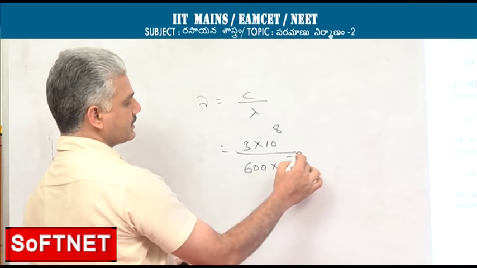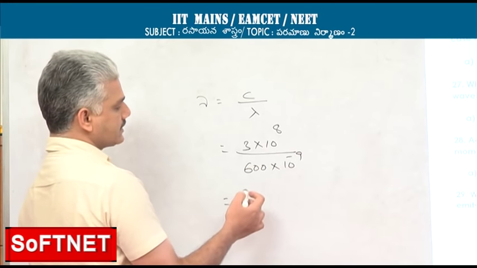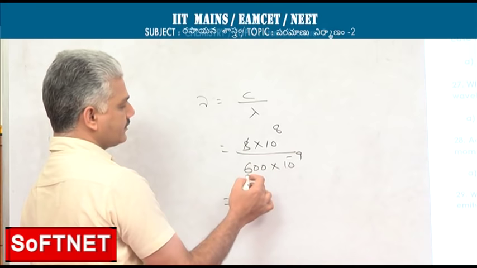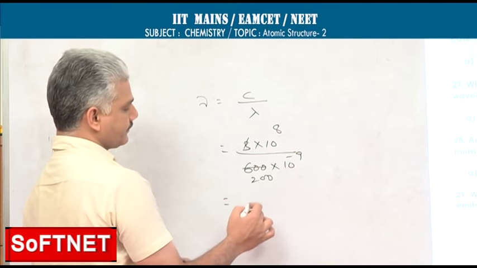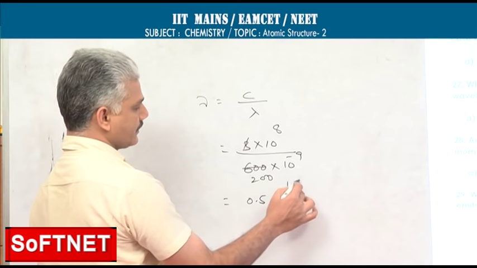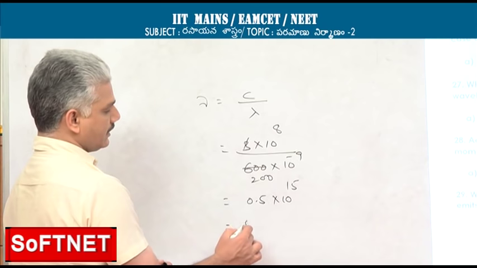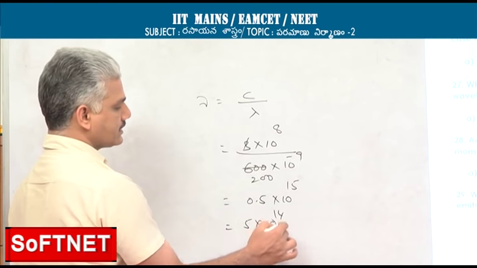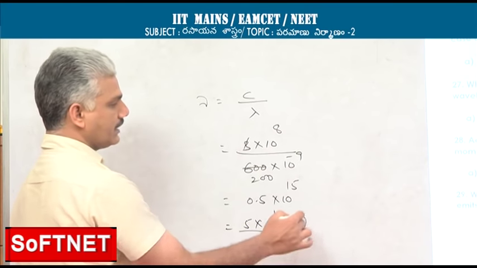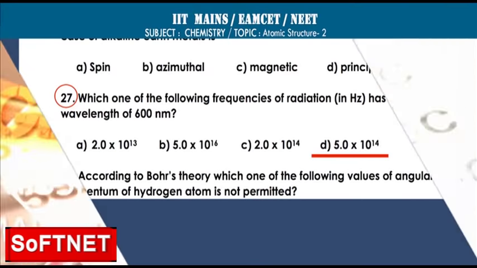Convert it into meters by multiplying with 10 power minus 9. So, on simplification, it will become 0.5 into 10 power 15, or it can be written as 5 into 10 power 14 hertz. So, this value is present in option D, that can be taken as the correct answer.